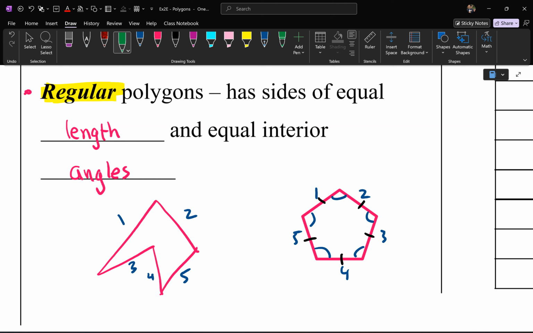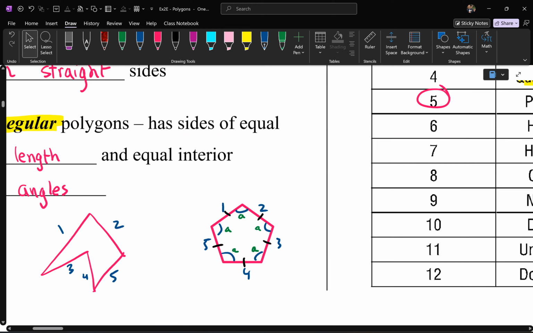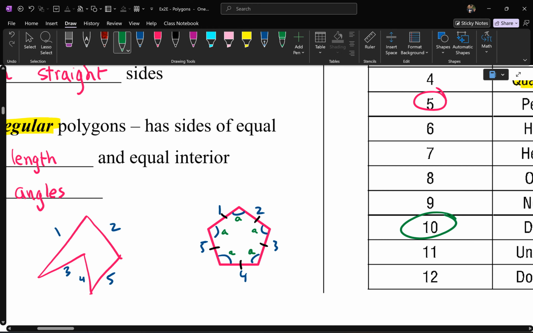So if the angle was, let's call it A, all the angles are A. That's called a regular polygon. So when they say regular hexagon, you should be thinking of the typical one, the one that looks like your soccer ball. But if they don't say regular, then you can draw any 5, 6 or 7-sided shape you come up with. For example, for a 10-sided shape, if I had to draw a regular one, I'd just struggle.